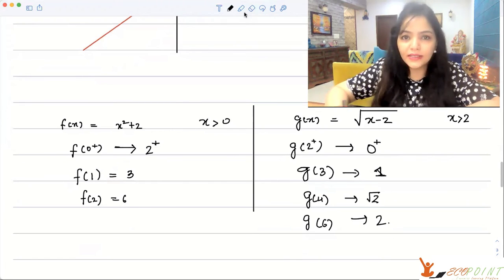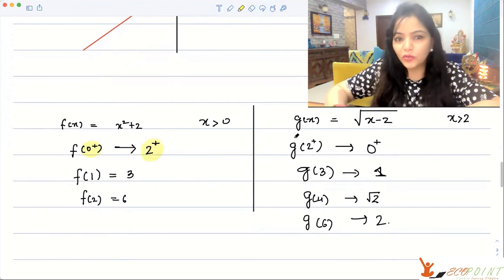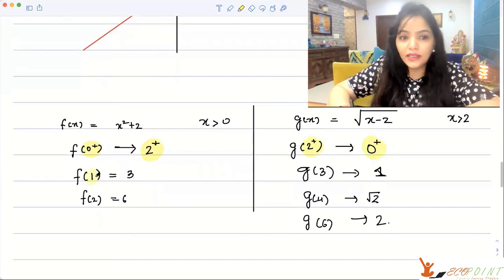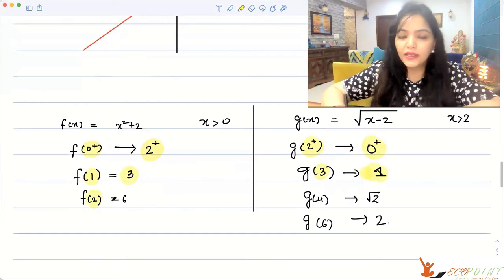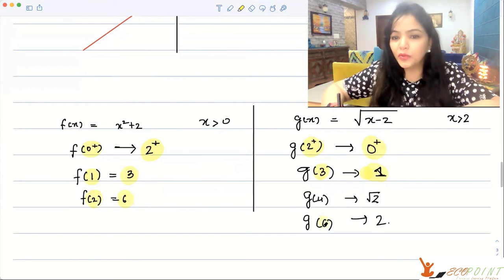Please understand here what I'm trying to tell you. So here, the input 0 plus gives you 2 plus. Here the input 2 plus gives you 0 plus. Input 1 gives you 3. Input 3 gives you 1. That's what is your invertible relation. Input 2 gives you 6. Input 6 gives you 2.